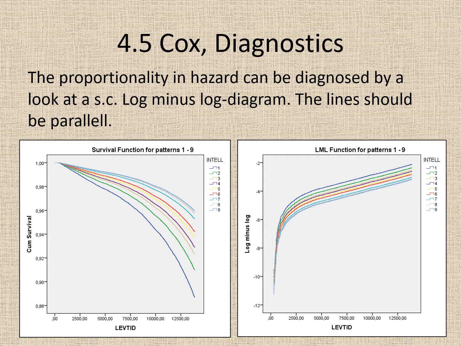But if we have log minus log for the event here, and survival time here, what this assumption about proportionality says is that these lines should be parallel. They should not cross each other.